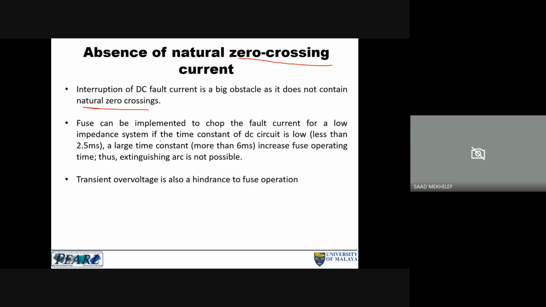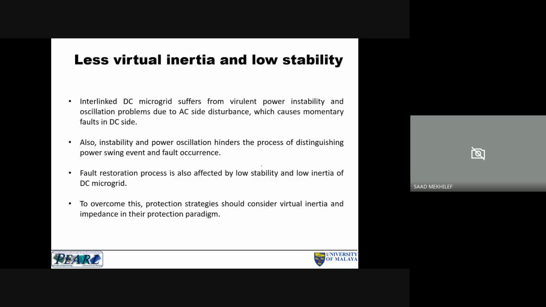The transient overvoltage is also a hindrance to fuse operation. This is another issue. Also, in DC microgrids there is less virtual inertia, because all of them are DC. So this DC interleaved microgrid suffers from virtual power instability and oscillations due to AC side disturbances, which cause some momentary faults on the DC side.